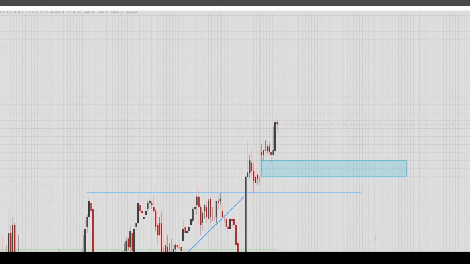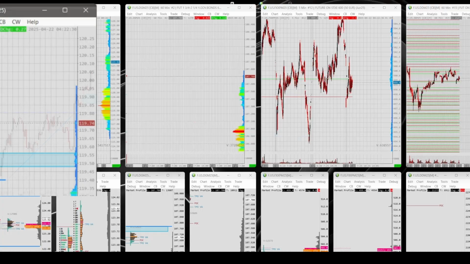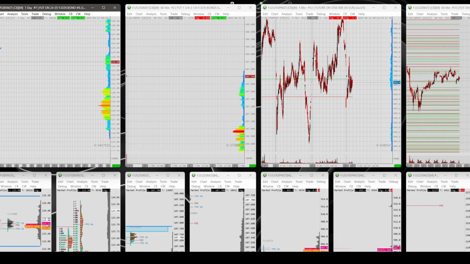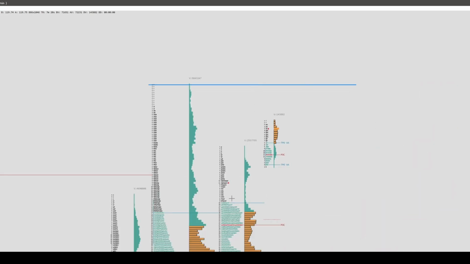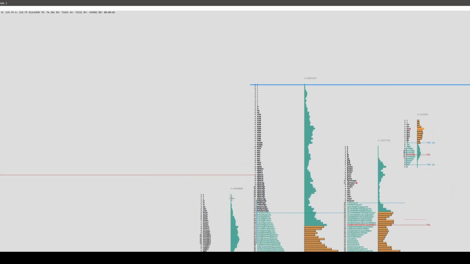So if the Bobl and Schatz are going up, the German Bunds are going to be doing the same. So you want to look for these areas, and even if you just trade the German Bunds, I would advise you to put those three ladders up, so Bobl and Schatz, just because those markets are correlating.